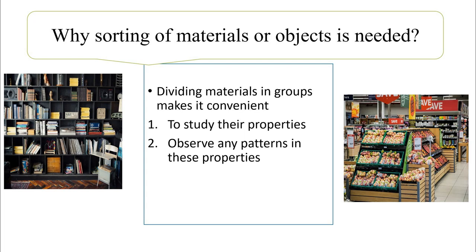Similarly, in a grocery shop, you will see that biscuits are placed in one section, the fruits, vegetables are placed in another section, your favorite drinks are placed in another section, and it becomes very easy to locate a particular item. Similarly, dividing these materials in groups makes it convenient to study their properties and also observe any pattern in these properties. With this, we come to an end.